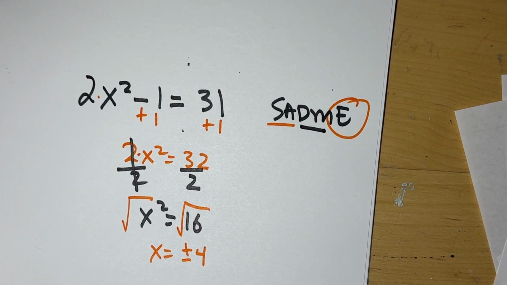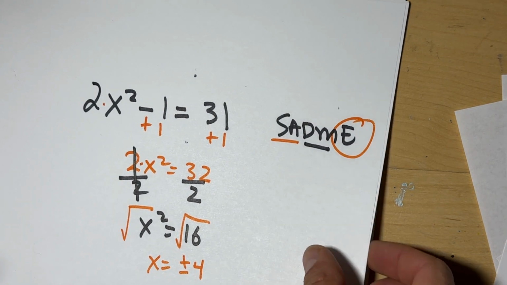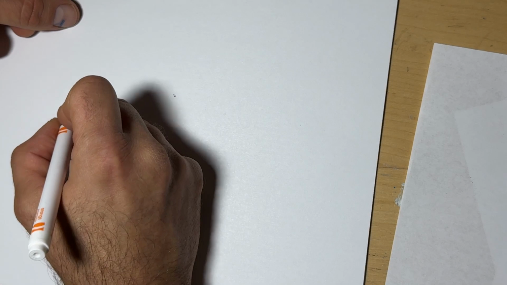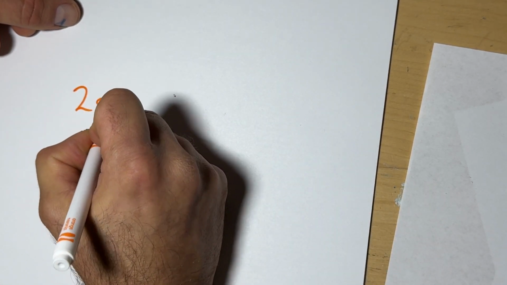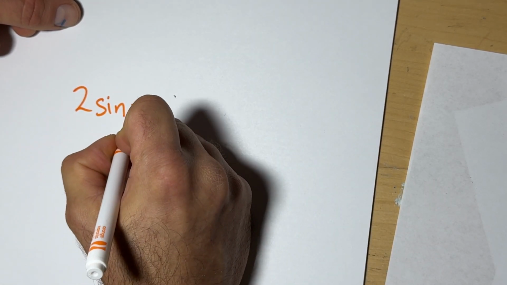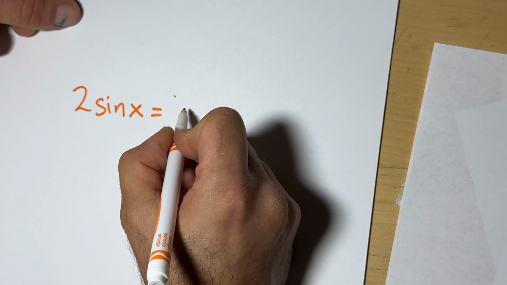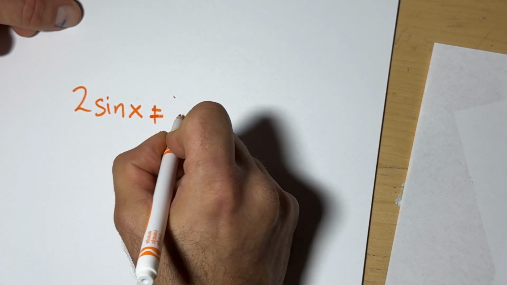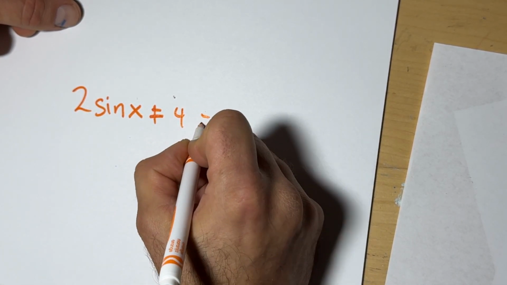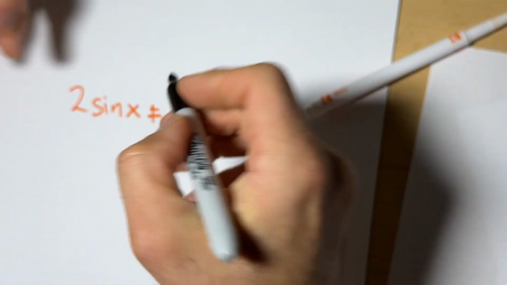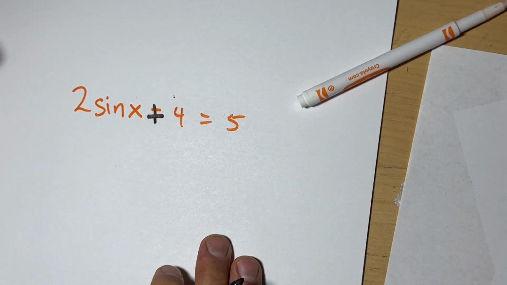When you get to that, you'll be able to use the same method. Even in things with sine and cosine and tangent, as you get into geometry and trigonometry, you could have something like 2 sine of x plus 4 equals 5. This is a plus. We're going to do the same things.